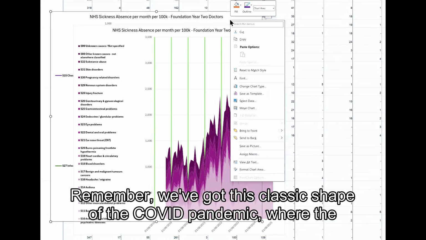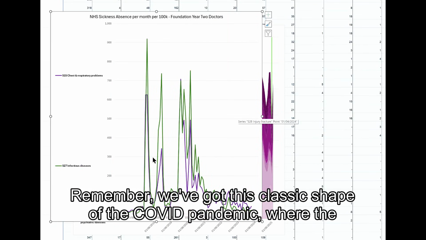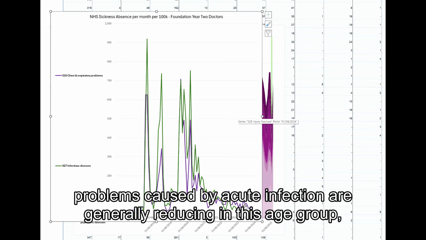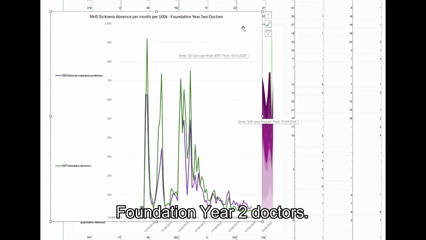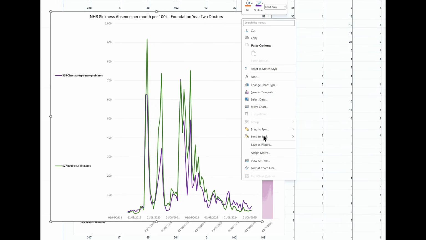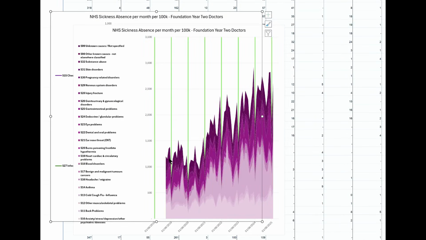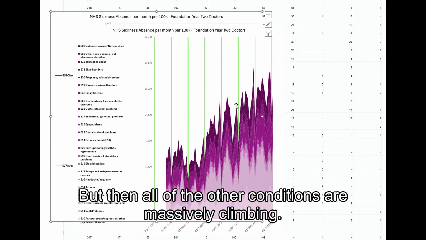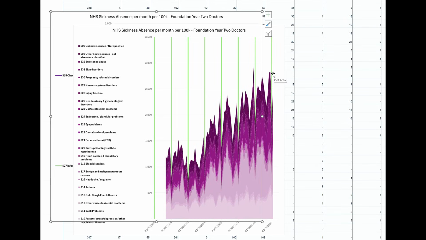So remember, we've got this classic shape of the COVID pandemic, where the problems caused by acute infection are generally reducing in this age group, Foundation Year 2 doctors. But then all of the other conditions are massively climbing. Massively climbing.